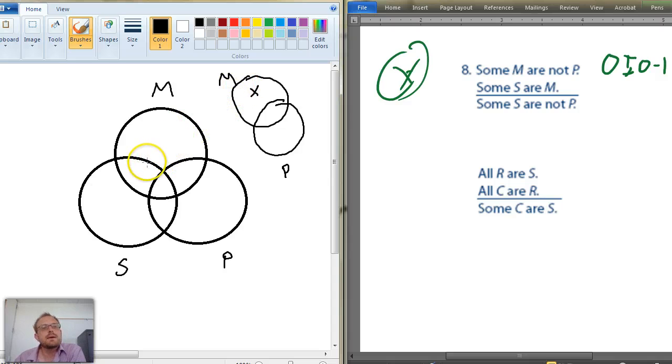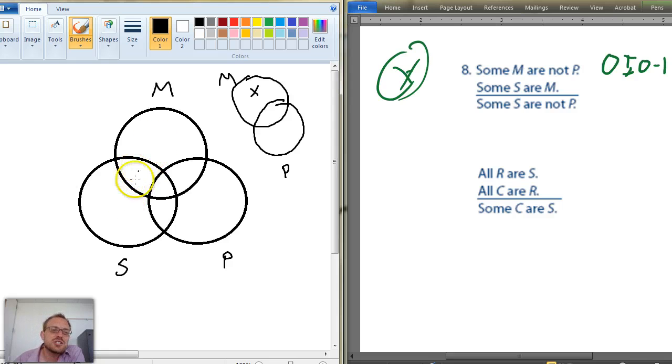Remember I mentioned earlier that when you put the X here, you want to mainly just look at these, but sometimes you have to be cognizant of this other circle, this other class. And this is one of those cases. Because do I put it here or do I put it here? If I put the X here, that would say that some M are not P. And if I put it here, this would also say that some M are not P. The problem is, I don't know if it's an S as well.